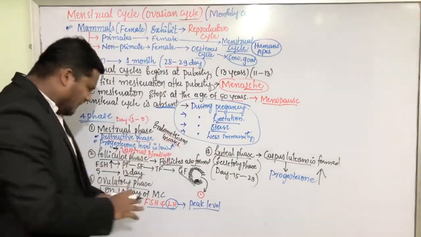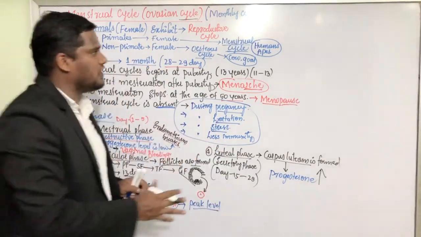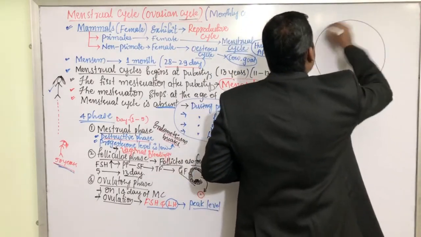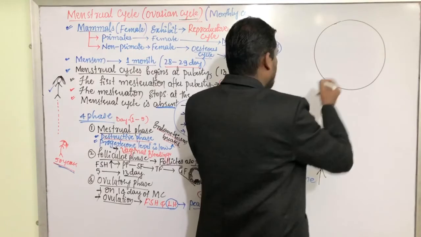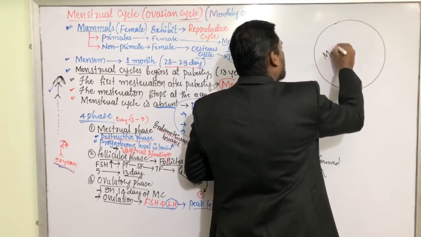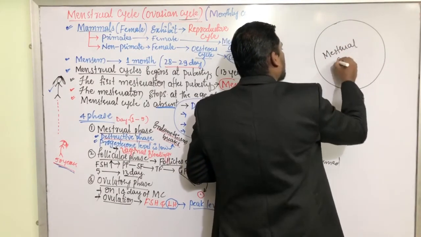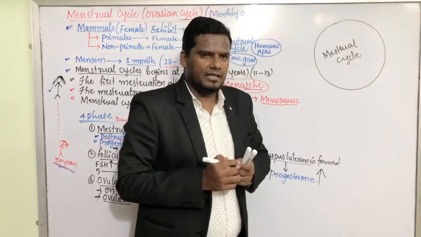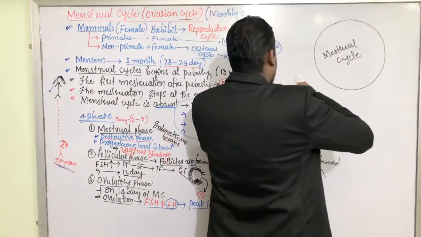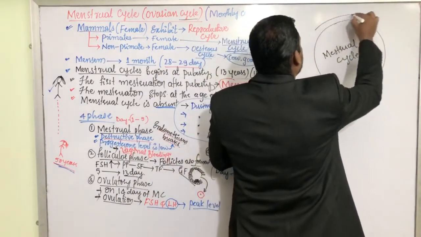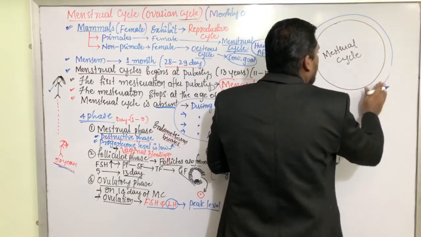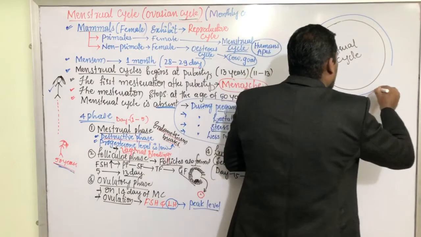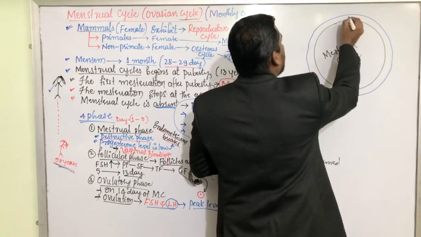If I represent all this information in a menstrual cycle, let us draw a cycle here. This is supposed to be the menstrual cycle. ಕನ್ನಡದಲ್ಲಿ ಈ menstrual cycle ಅನ್ನು ನಾವು ಋತುಚಕ್ರಗಳು ಅಂತ ಹೇಳಿ ಕರಿತೀವಿ. Okay? Now, here let me write the days of menstrual cycle. To complete one menstrual cycle, we need 28 to 29 days.